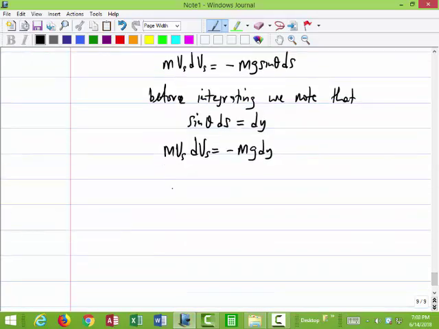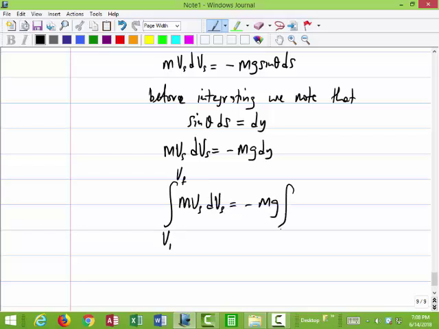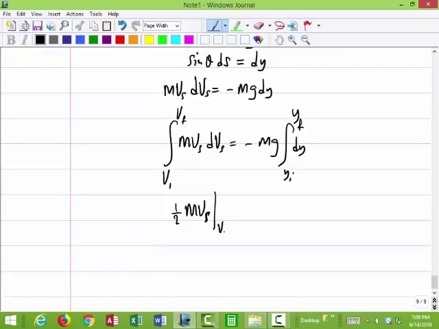Now we can integrate both sides, from v initial to v final of dv subscript s, and from y initial to y final of minus mg dy, and this leads us to have m v subscript s from v initial to v final, and minus mg y from y initial to y final.